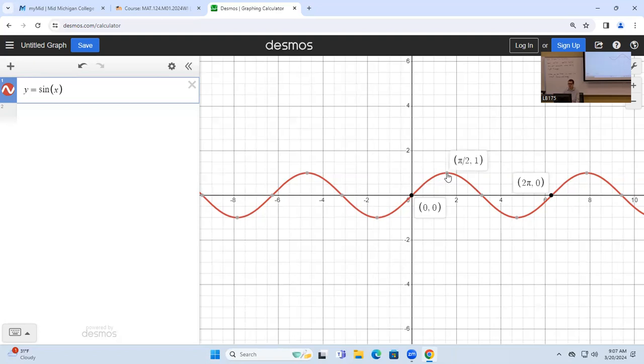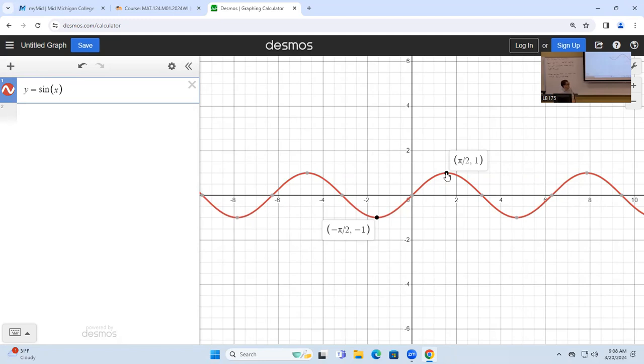So what I do, I have to pick a value that starts and that ends, where we get everything in the range of sine.